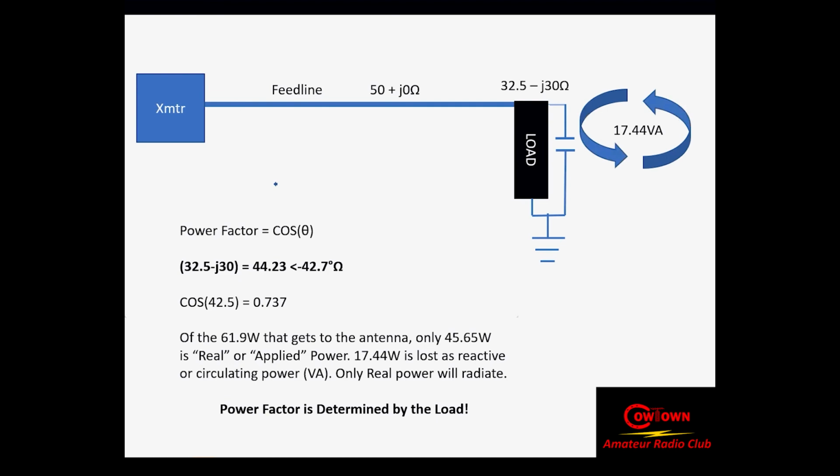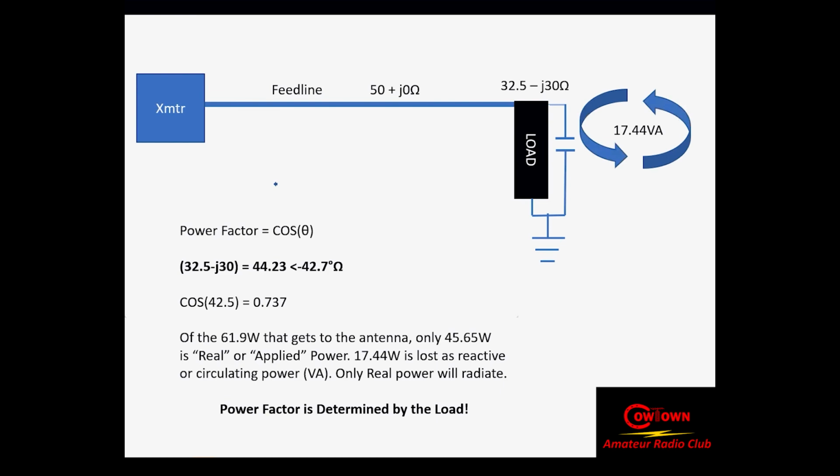So of the 61.9 watts that gets to the antenna, only 45.65 watts is real or applied power. That's the only power that radiates. Real power is the only power that does any work, and in our case, work is we radiate. Reactive power does not radiate.